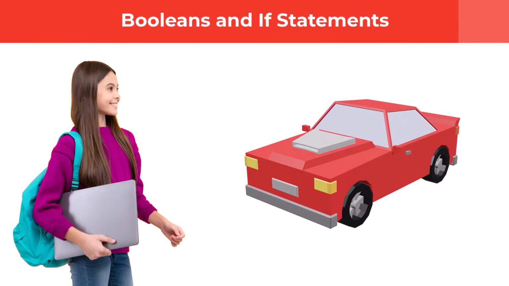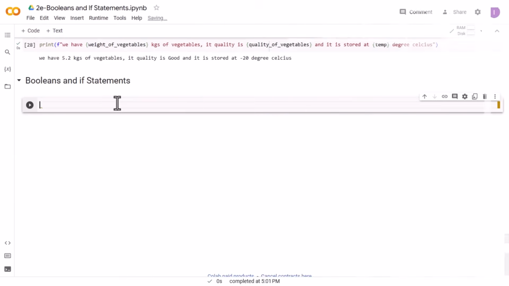Let's say you have a car and you want to tell whether the ignition is on or off. Here we will make a variable ignition is on equals true. The value for this variable can be either true or false, because either the ignition of the car is on or off.